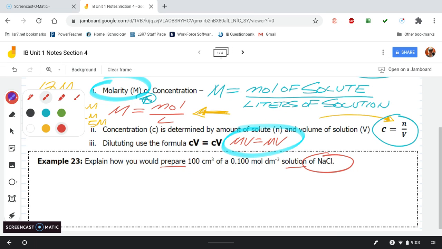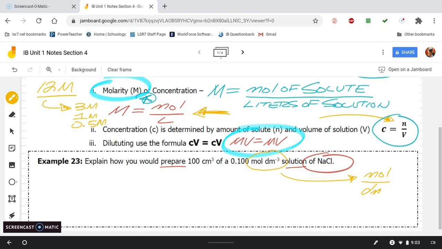So right away, we want to look at this and be like, okay, that unit right there means moles are on top. It means the decimeters cubed are on the bottom because it's a -3, and a decimeter cubed is the same thing as a liter.